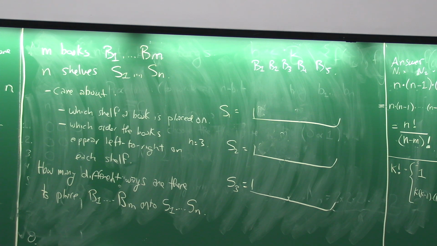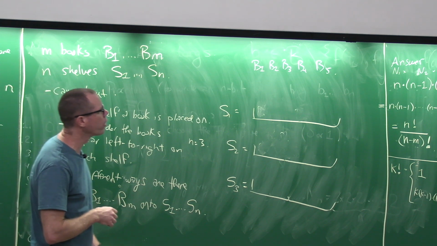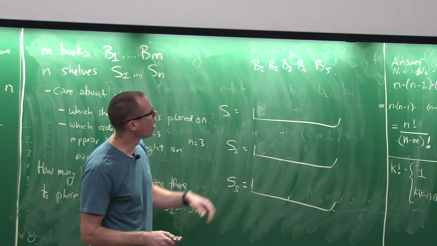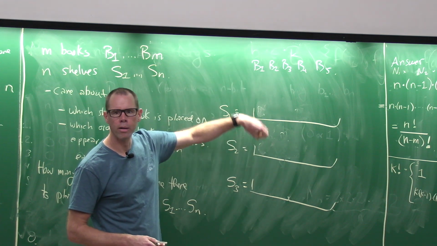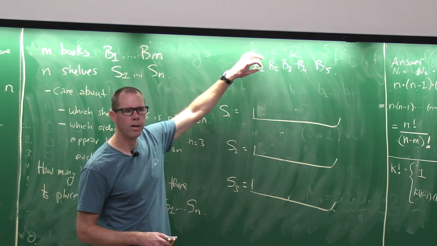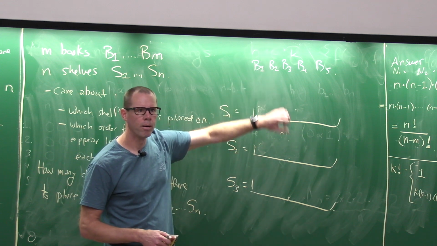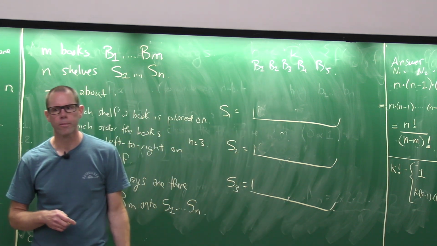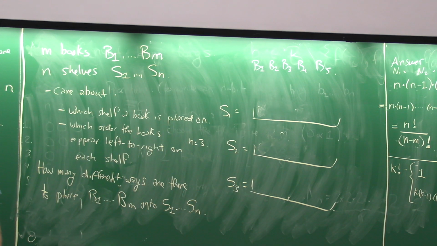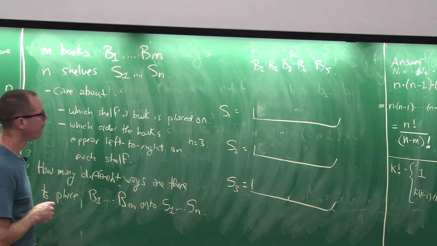So we can maybe guess then that whatever procedure we're going to come up with, it's going to involve placing book 1, and then placing book 2, and then placing book 3, and book 4, and so on. Okay?